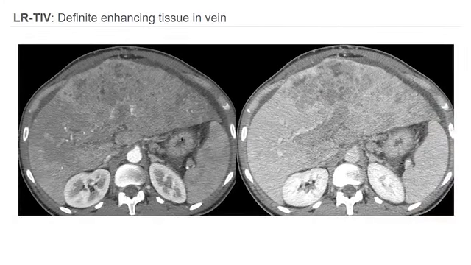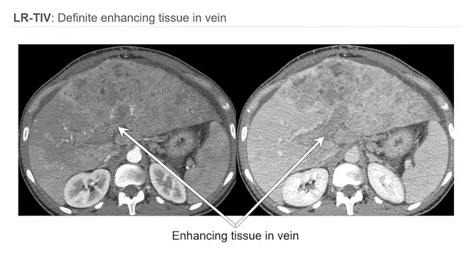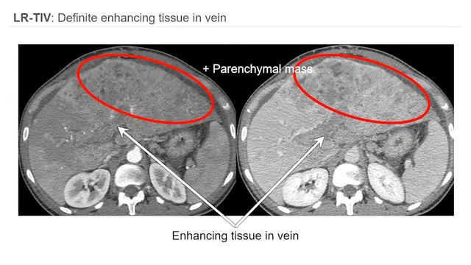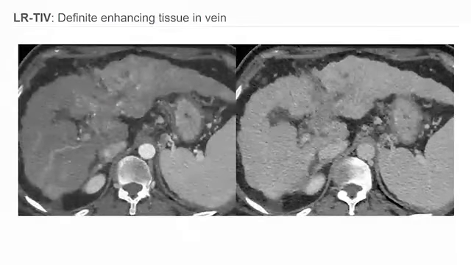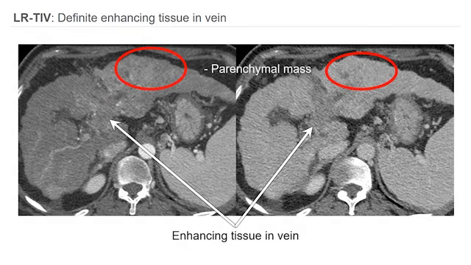We apply this category when we see enhancing tissue in vein unequivocally. In these cases, we may have a parenchymal mass, and we also have cases where there's really not a clear parenchymal mass. So presence or absence of parenchymal mass is not a requirement for LR-TIV, but definite enhancing tissue in vein is a requirement. This is the definition for LR-TIV.